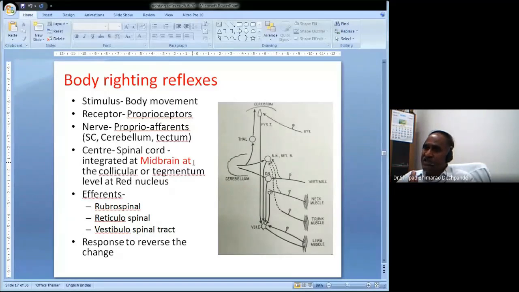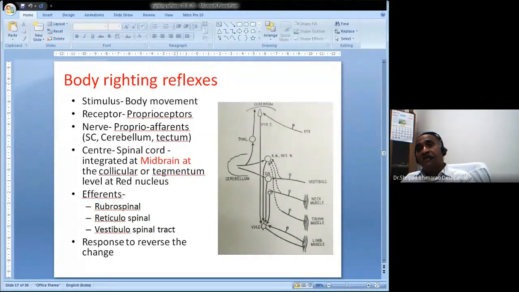So all these things are integrated in the midbrain. If no midbrain, so no question. So that means these are centers. Again, the efferents are the same, because once the center is the same, the effector organs are the same. But depending upon the situation, this midbrain monitors. That is the body righting reflex.